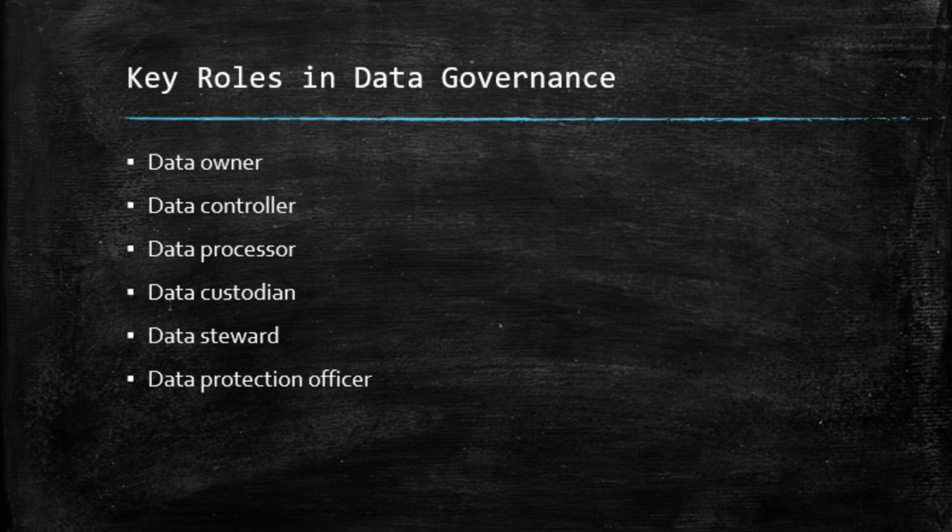This is a person who oversees an organization's data protection strategy. By understanding these roles and implementing them within your organization, you can ensure that your data is managed and protected effectively.